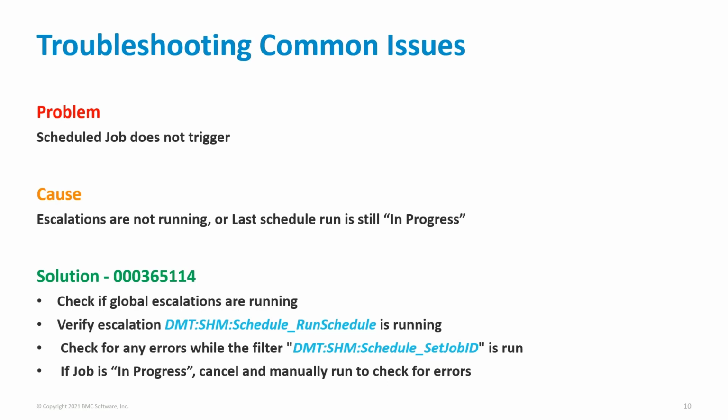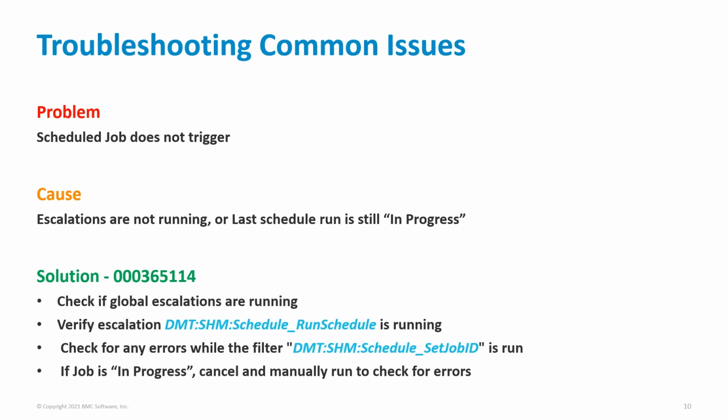If you want to further troubleshoot, you can check the error in the API SQL filter logs to see if the filter DMT SHM schedule underscore set job ID is triggered or not. And if it is triggered, whether it is getting some error or not.